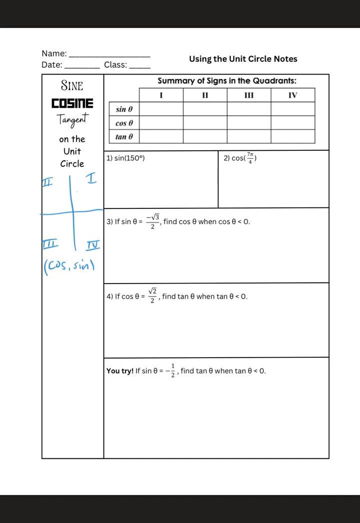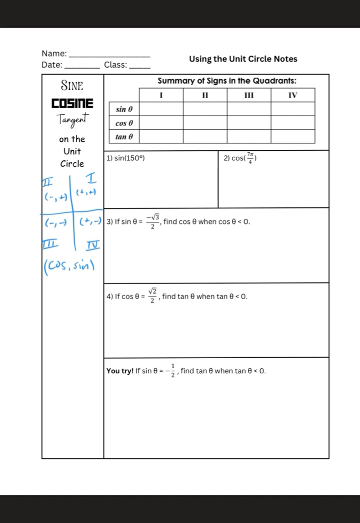And remember that the x-coordinate is your cosine and your y-coordinate is the sine. So in our first quadrant, they're both positive. In the second quadrant, we go negative and then positive. In the third quadrant, we go negative, negative. And in the fourth quadrant, we go positive and then negative. So the first coordinate is our x, and that is our cosine.